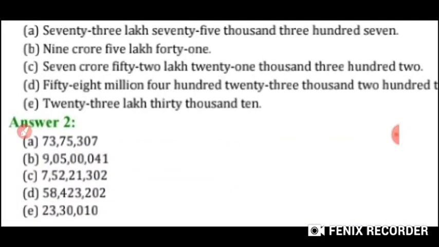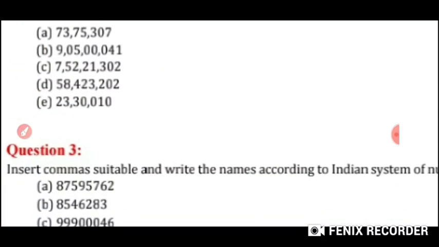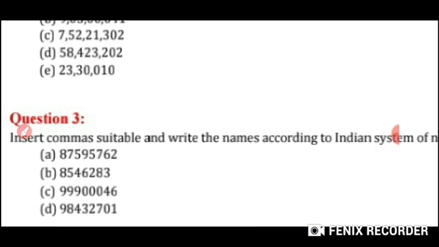Then 58,423,202. Then 23 lakh 30,010. The words mean numbers, so how can we write them in numbers? We can write it like this. Here also you can use the place value chart.